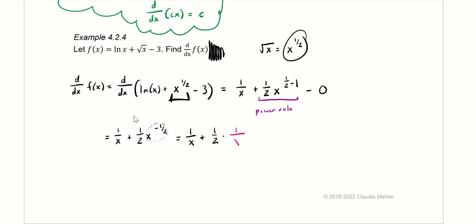So I'm just employing the negative here. The negative puts it as 1 over x to the 1/2, and the 1/2 is our square root. So this is 1 over x plus 1/2 times 1 over the square root of x, which I can combine that whole thing in parentheses, 1 over x plus 1 over 2 times the square root of x.